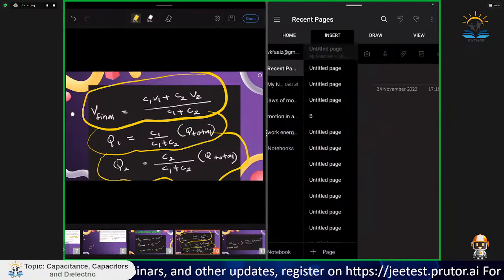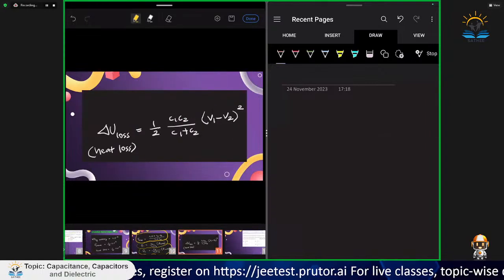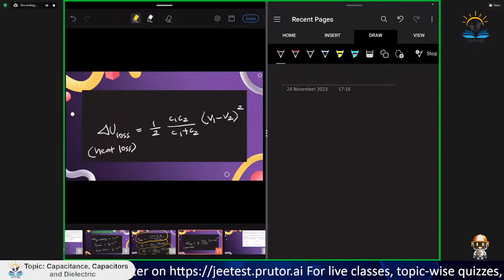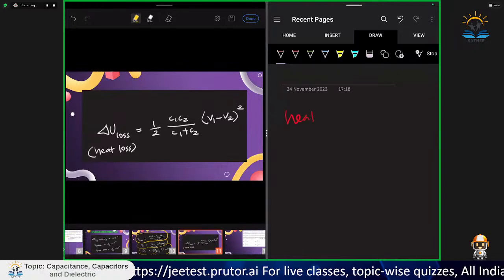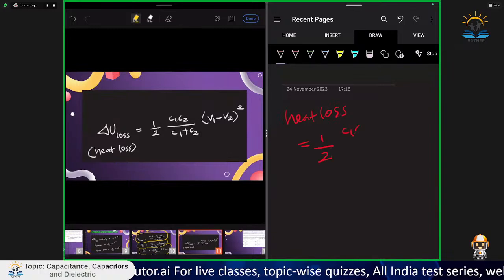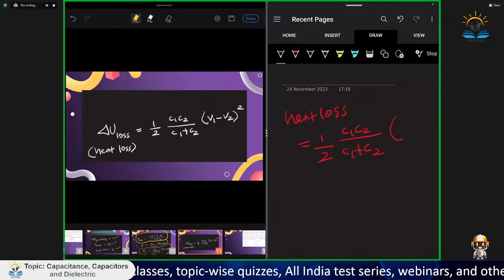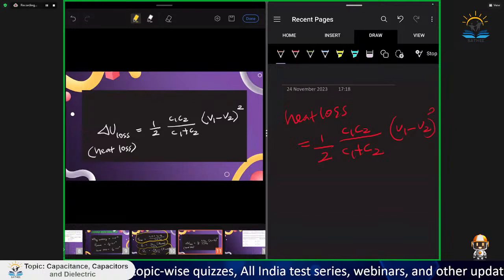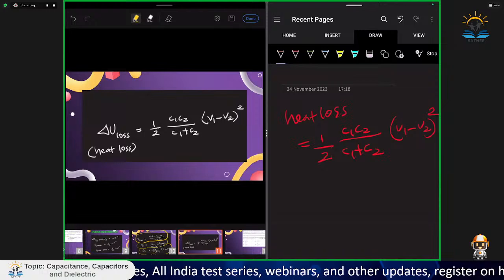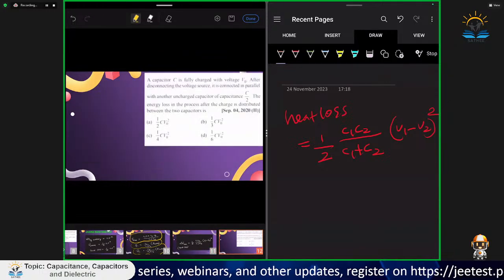And the very important formula: during this process, the heat loss is equal to half C1 C2 divided by C1 plus C2 into V1 minus V2 whole square. Easy, yes. This is the first question.